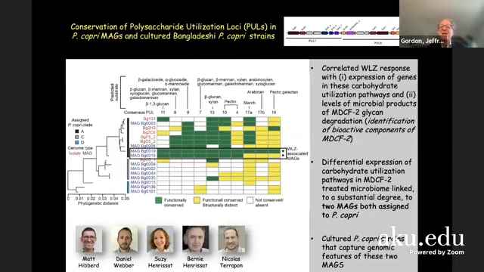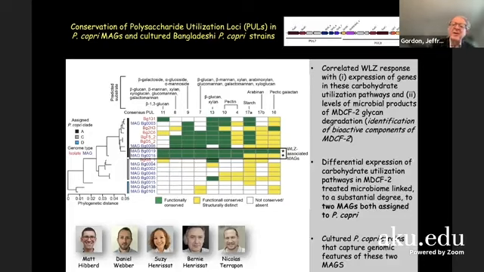We're able to correlate WLZ responses with expression of genes in these carbohydrate utilization pathways whose representation was enriched in the genomes of positively correlated MAGs. And in particular, the carbohydrate utilization pathways that were involved in the metabolism of the polysaccharides we identified from analyzing MDCF2 were induced by MDCF2. So those were ways in which we identified the bioactive components of MDCF2.